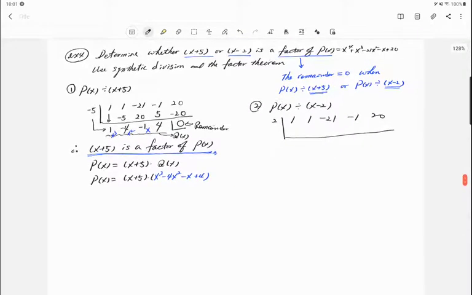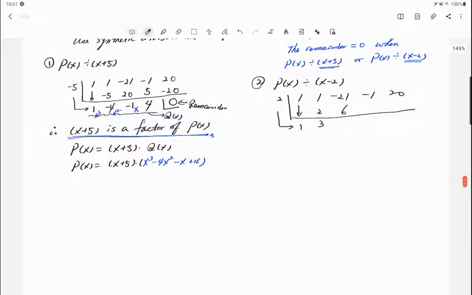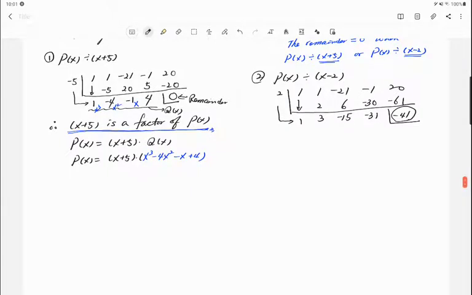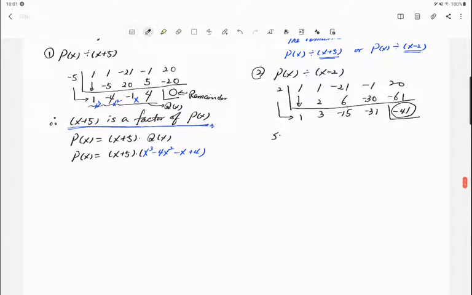Bring 1 down, then multiply, add, multiply, add, multiply, add. So 61, and then the sum is negative 41. This is not 0. The remainder is not equal to 0.